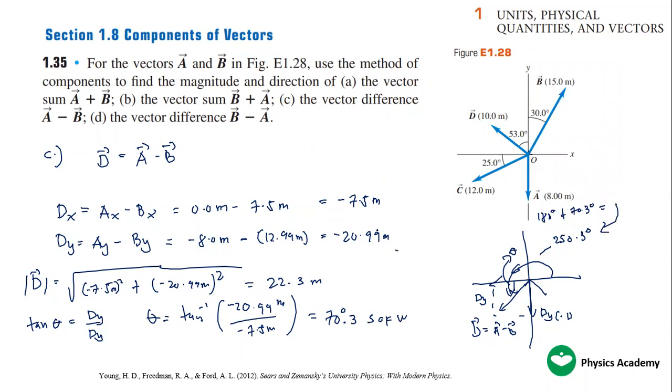Okay. How about for letter D? What is the answer for letter D?